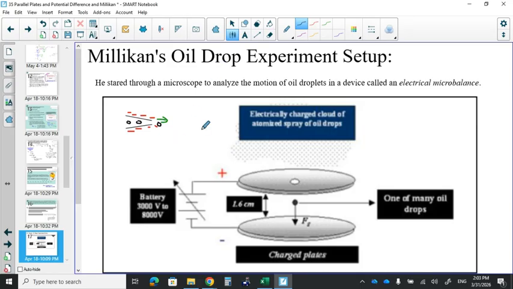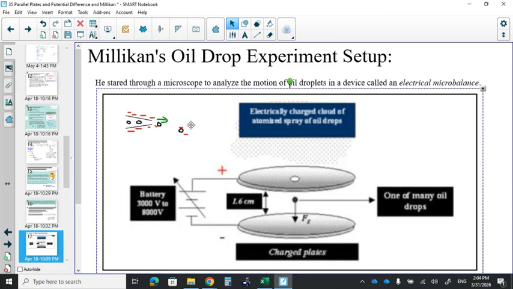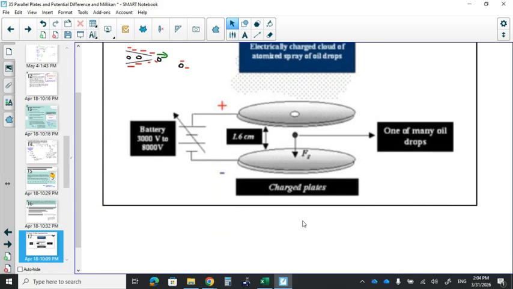So these little oil droplets are sprayed out and they're traveling through the air. And there's a darn good chance that there's really a bunch of excess electrons on them because of that situation, right? So they have a net electric charge, and that's what I'm going to show you how you figure out, right?